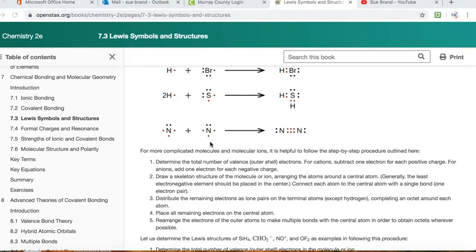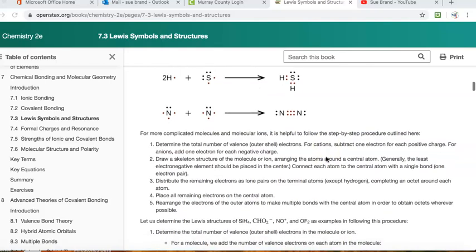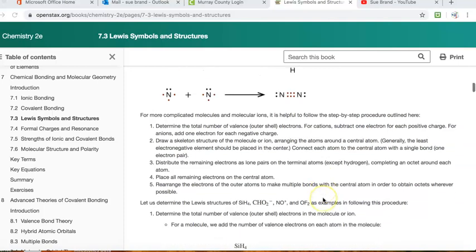And so you're going to end up having to share 3 electrons with another nitrogen atom, and you end up with a triple bond between the 2 nitrogen atoms. And so you have 2, 4, 6, 8 around nitrogen, and 2, 4, 6, 8 around the other nitrogen atom, and you're able to have a complete octet around both nitrogen atoms.